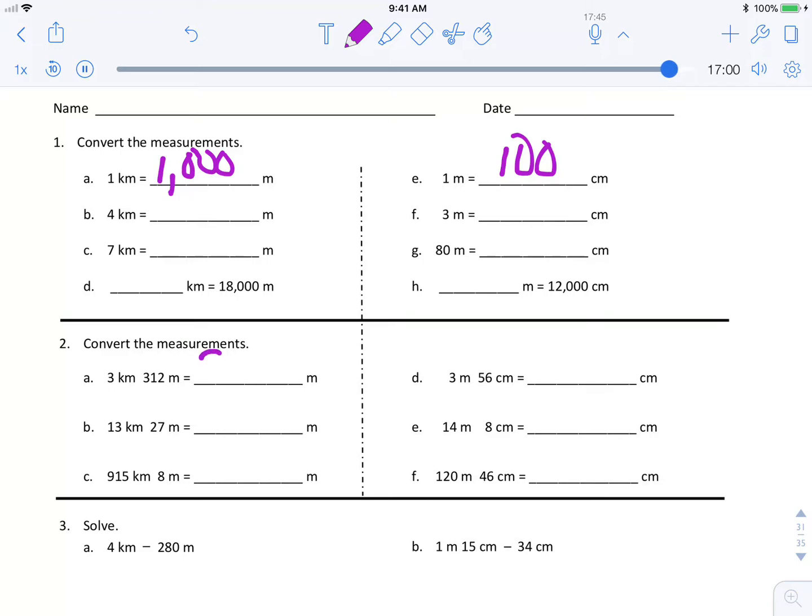Well, 3 kilometers is the same as 3,000 meters. 312. Okay, 3 meters, 56 centimeters. 3 meters is the same as 300 centimeters and 56.